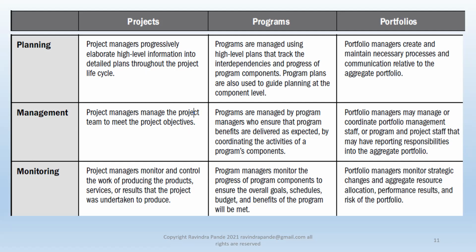So programs are managed using high-level plans that track the interdependencies of progress of a program component or a solution component, you might say. Program plans are also used to guide the planning at a component level. So when to deliver what, how these components are being sequenced in development and deliveries, and so on. In terms of portfolio, portfolio managers create and maintain necessary processes and communications relative to the aggregate portfolio.